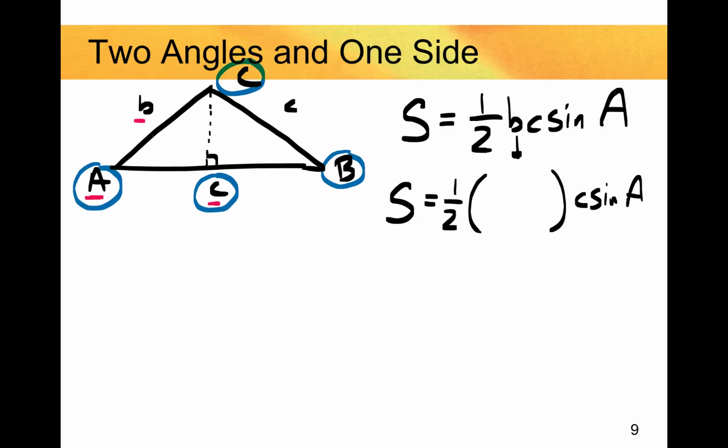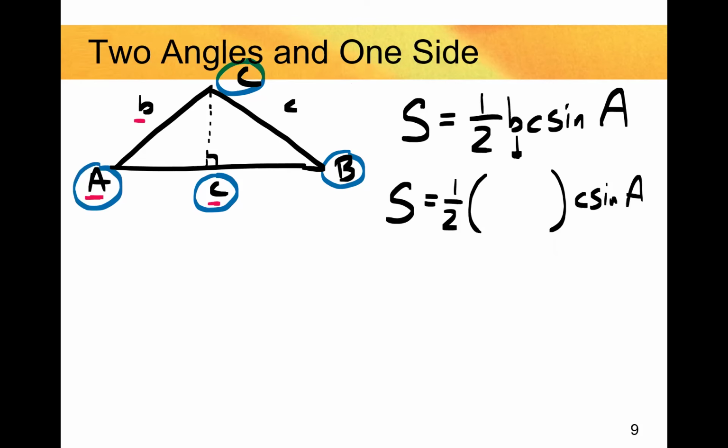Wait, this shouldn't be that complicated, should it? I got something like sine B over sine C. B equals sine B times C over sine C. I think we might have got something here.